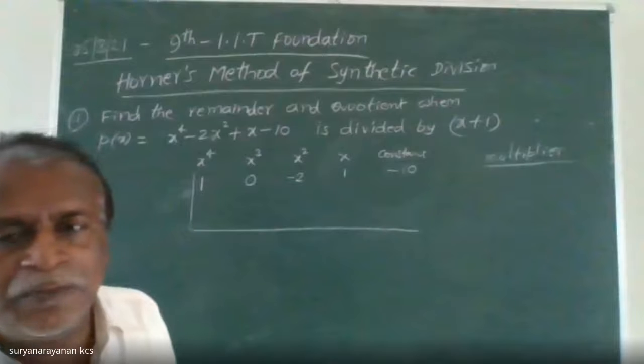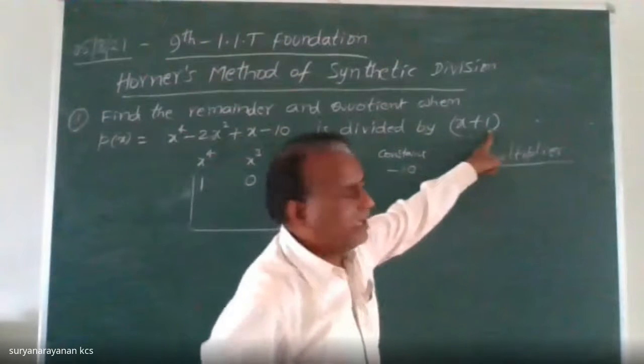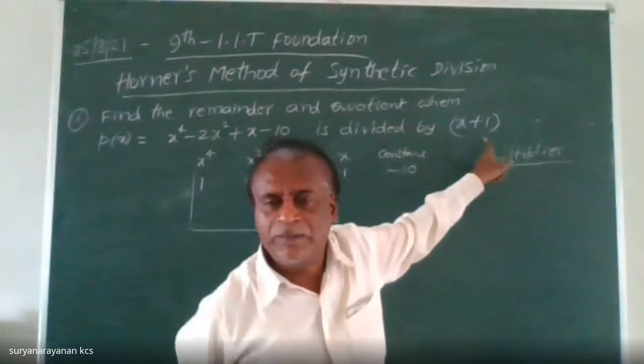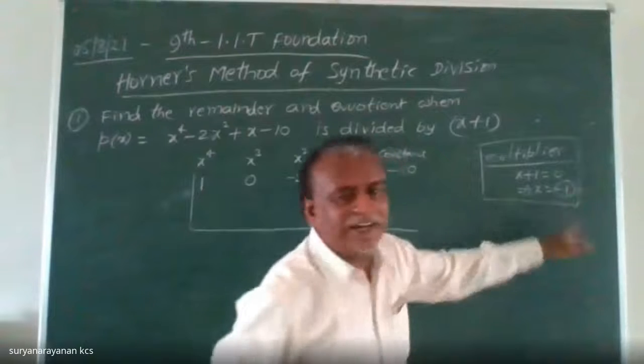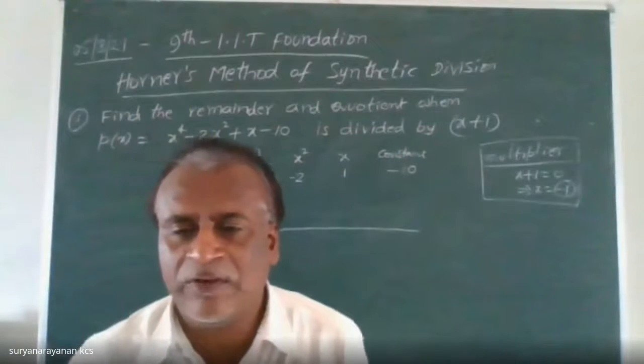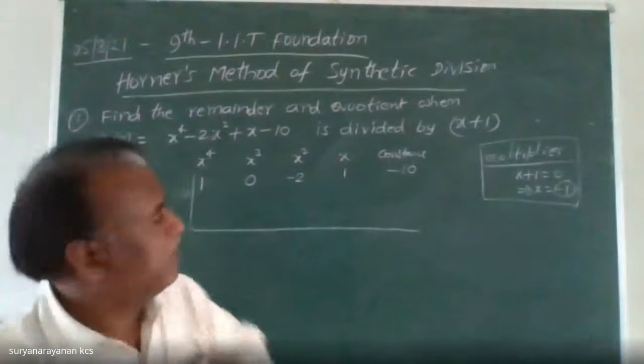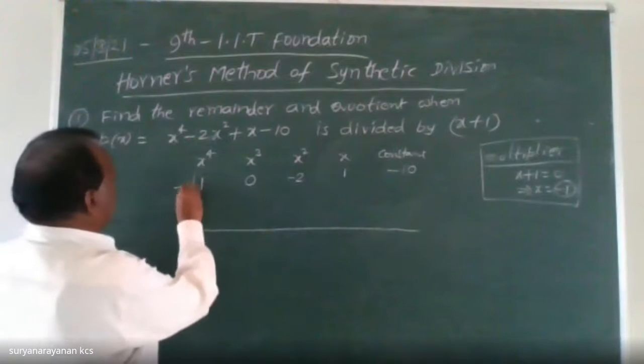How do you find the multiplier? Take the divisor, x plus 1 is equal to 0, so x is equal to -1. So this -1 is said to be the multiplier. For this synthetic division, -1 is said to be the multiplier.